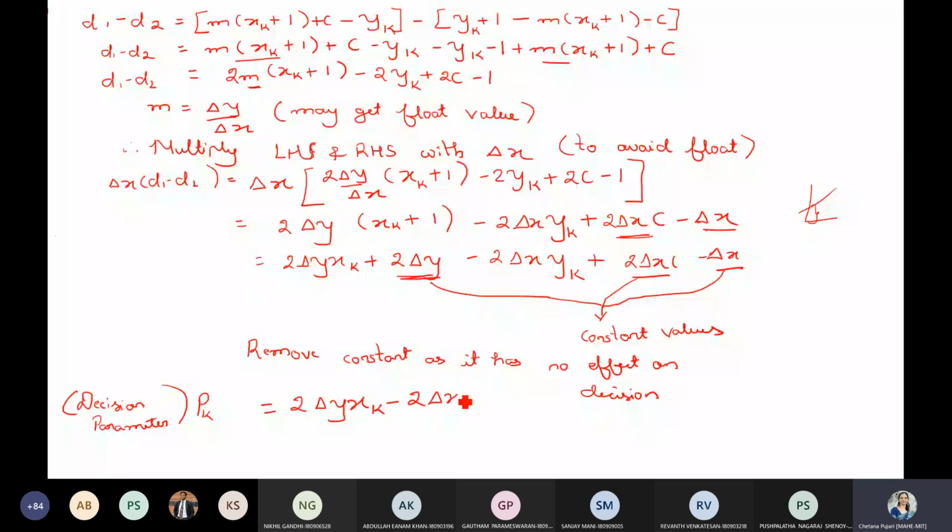Next, the decision parameter for the next pixel. This is the decision parameter for pixel k. Similarly, you can rewrite the same equation for the decision parameter for the next pixel.